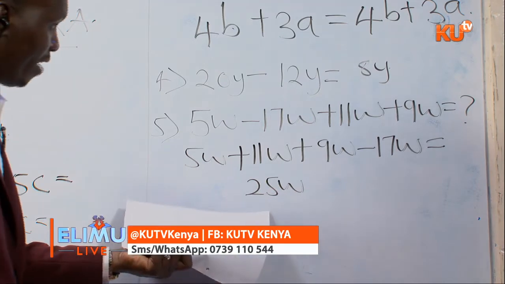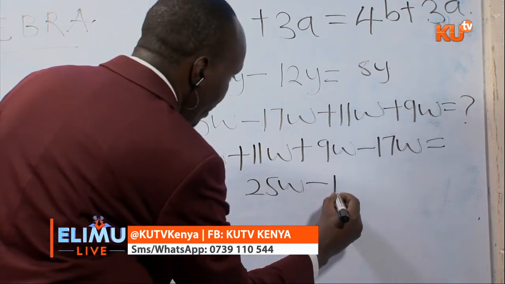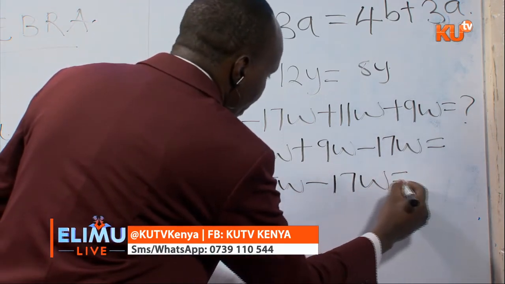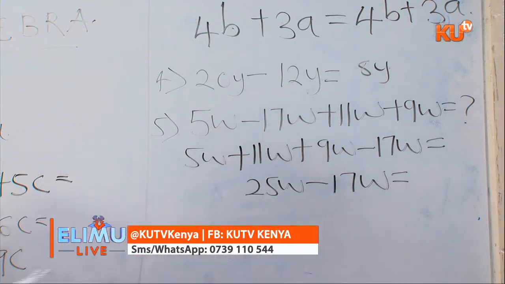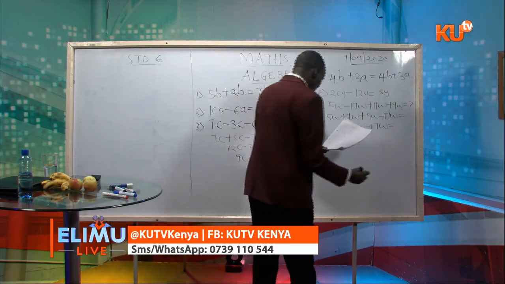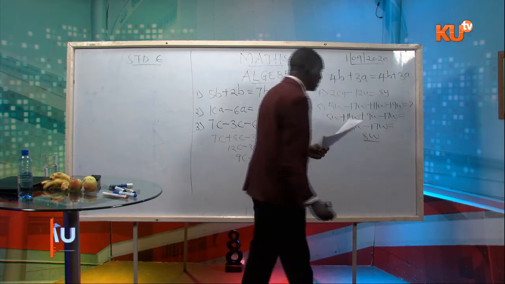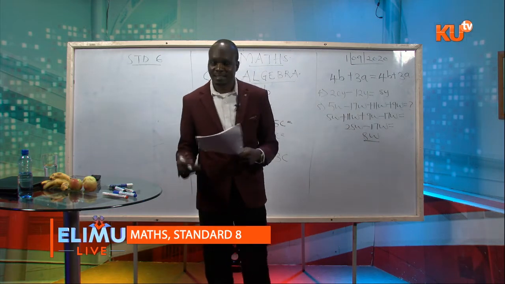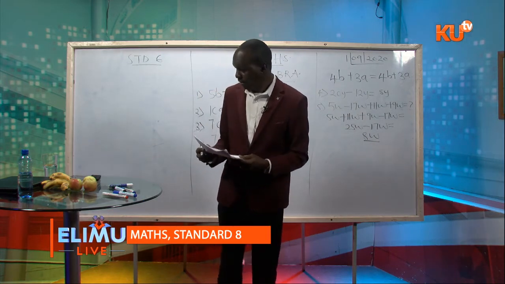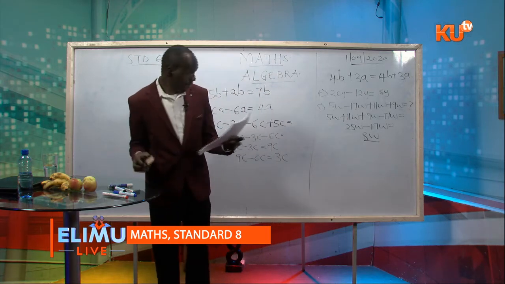So we have 25w, take away 17w. For this case, we shall get 8w. Our answer becomes 8w. Okay.